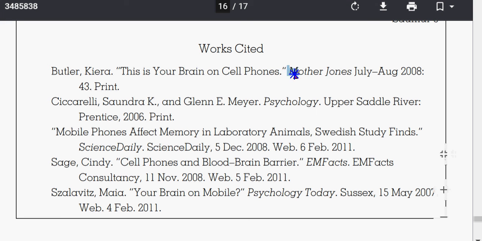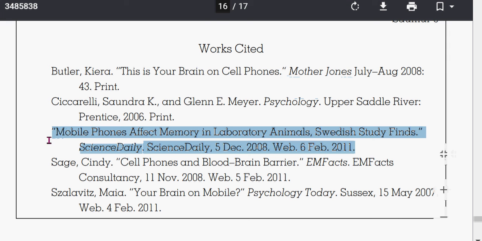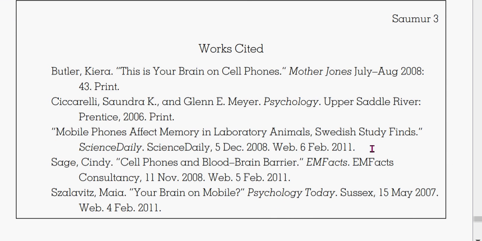And we also see italics in titles of publications, as I mentioned before. And we see that this web page does not have an internet address. It's not really necessary, but it does have the original date of the web page and the date that this student reached it or used it or accessed it.